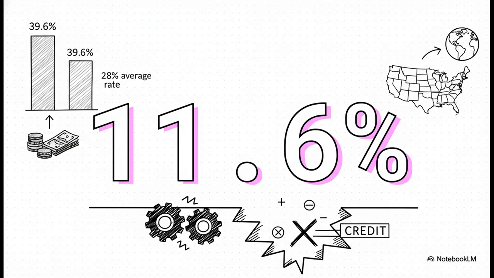Here's how you get there. In a very possible scenario, the stacking rule could push the marginal tax rate on your unexcluded income all the way up to, say, 39.6%. But your effective tax rate in your host country might only be 28%. You see that 11.6% gap? That's the problem. That's a void where your scaled-down foreign tax credits are just not big enough to cover the massively spiked U.S. tax bill on that last bit of income.